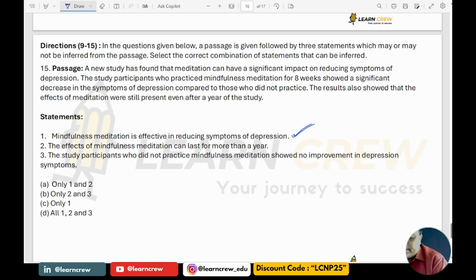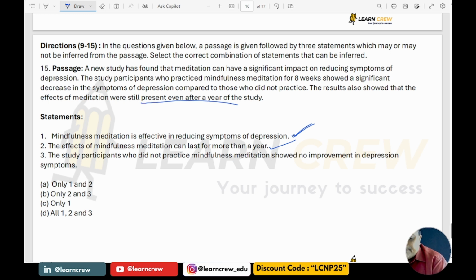So one is implicit. What about two? The effects of mindfulness meditation can last for more than a year. It is also true because the results also showed that the effects of meditation were still present even after a year. From this line, you can say 2 can be an inference. 2 is an inference from the passage.